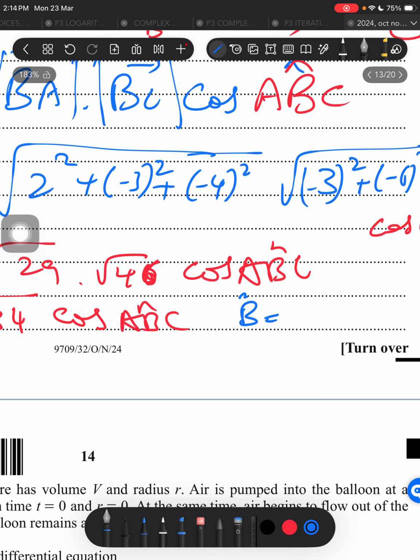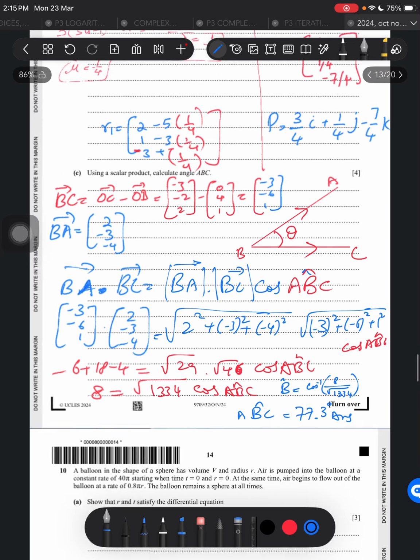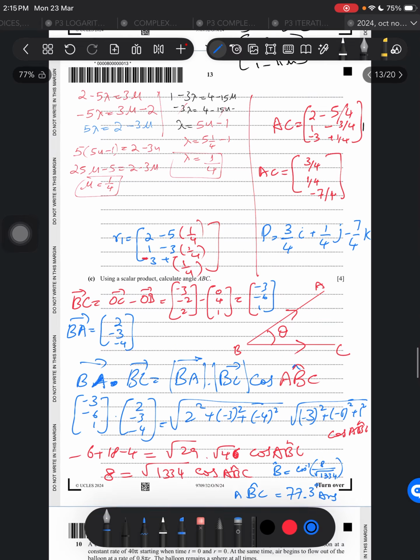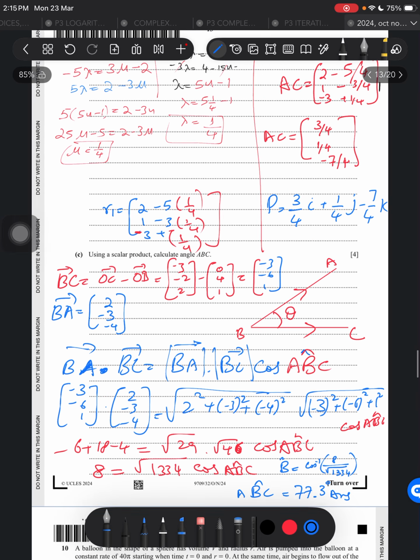So we would have cos inverse of 8 over root 1334, and the angle ABC would be in 0.3. You can just verify it from the answer. I have the marking scheme with me, that's why I wrote it like that. So this was part C, completing question 4.